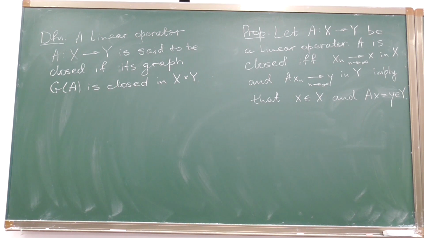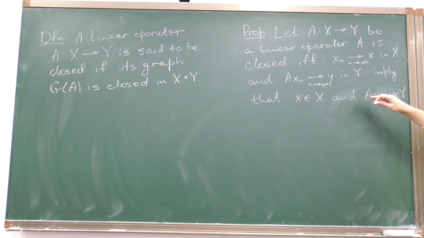At this point, you might ask me, why did I introduce a new notion, although this one looks like continuity? And indeed, if an operator is continuous or bounded, which is the same thing, then it is automatically closed.